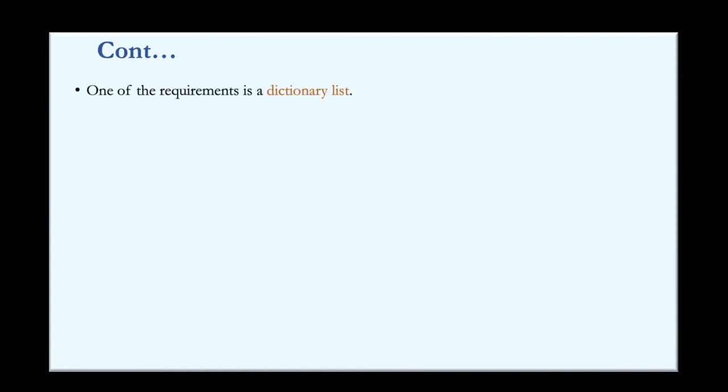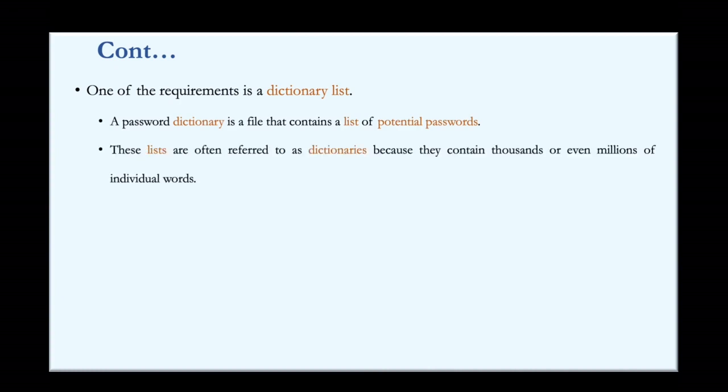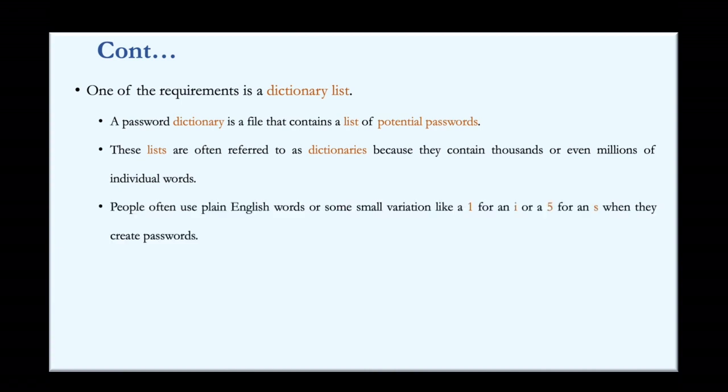A password dictionary is a file that contains a list of potential passwords, all the guessing passwords. These lists are often referred to as dictionaries because they contain thousands or even millions of individual words and combinations. People often use plain English words with small variations, like using one instead of I, or I instead of one, or S instead of five.